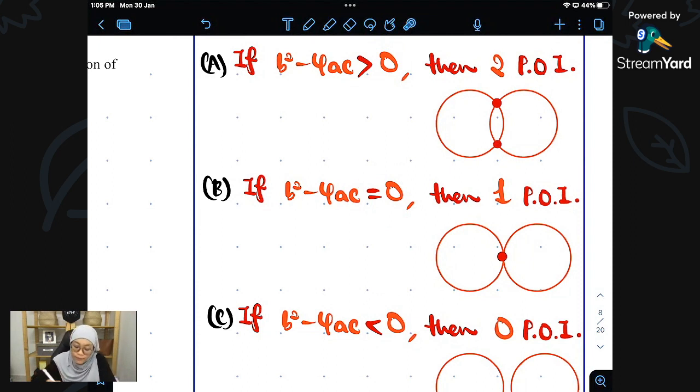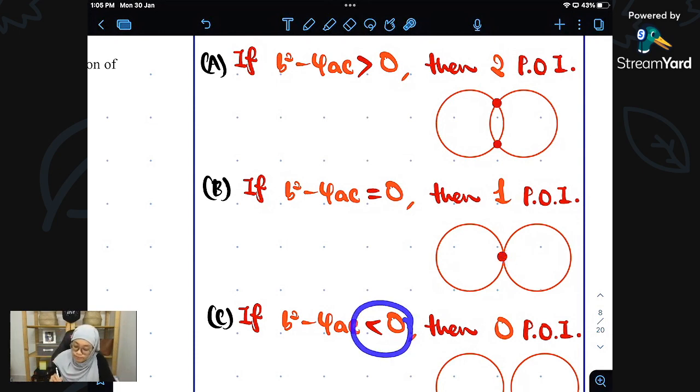So if you see that the value is more than zero, it means the two circles intersect each other, and they have two POI. Just remember, if this is positive, more than zero, it means we have two intersection points. If this is equal to zero, the circle only touches at one point.